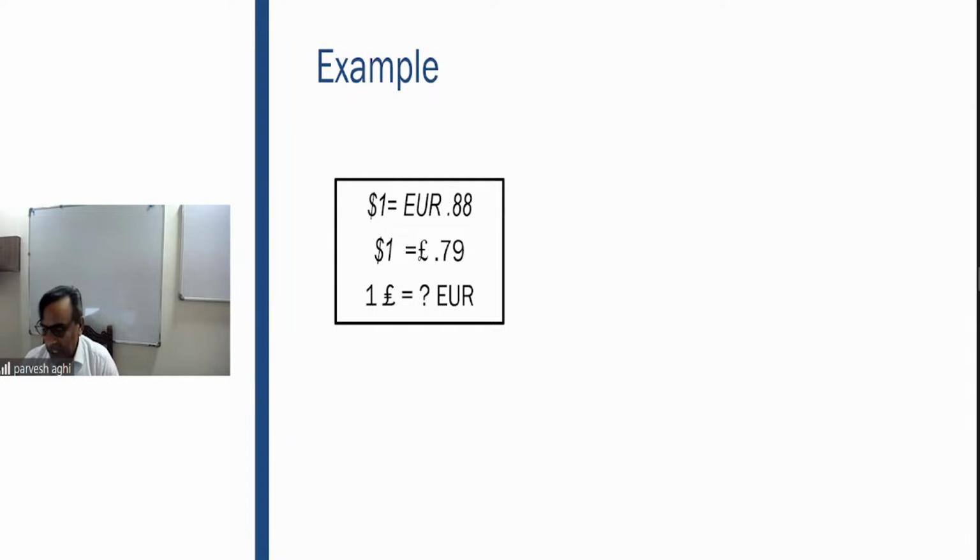So I'll just explain again. Just listen to me once more. Now we have to find the price of a pound in terms of euro. So on the right hand side, you have euro. That means this is the home currency. So you are a person belonging to Europe, most likely. And you're traveling to England, and you want to buy a pound.